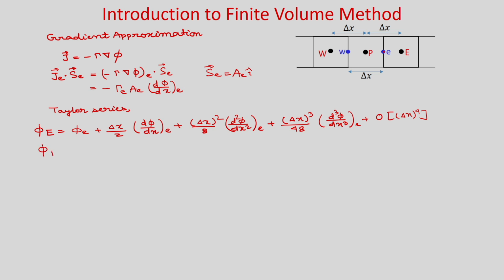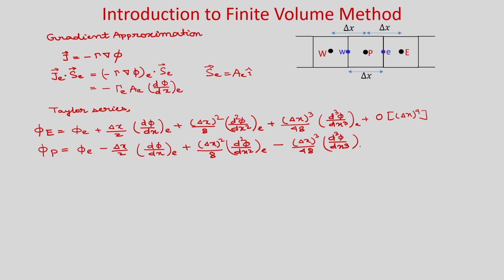Similarly, phi p you can expand about small e. So, it will be phi e minus delta x by 2, where delta x by 2 is the distance from small e to small p, d phi by dx at east plus delta x square by 8 d2 phi by dx square at east minus delta x cube by 48 d cube phi by dx cube at east plus order of delta x to the power 4.